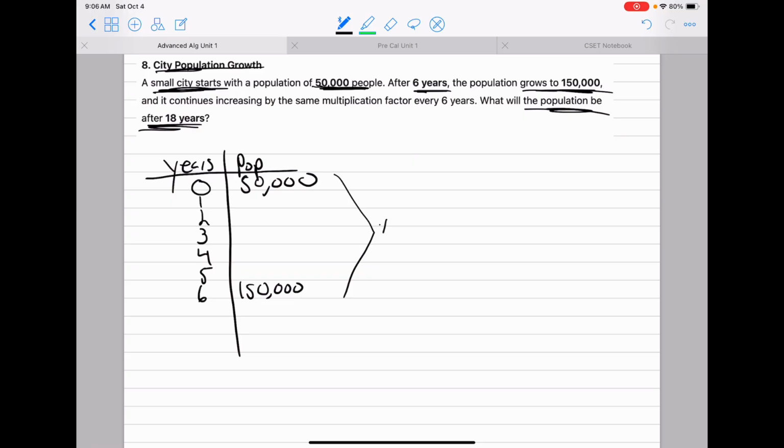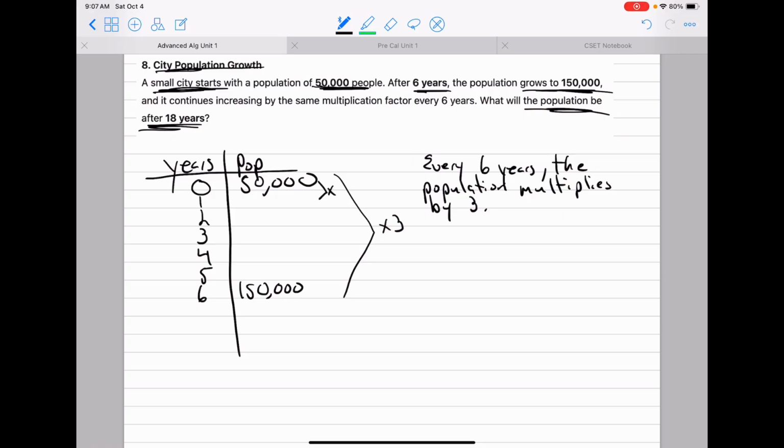This is times 3, right? 50,000 times 3 is 150,000. All right? So I can see that every 6 years, the population multiplies by 3.